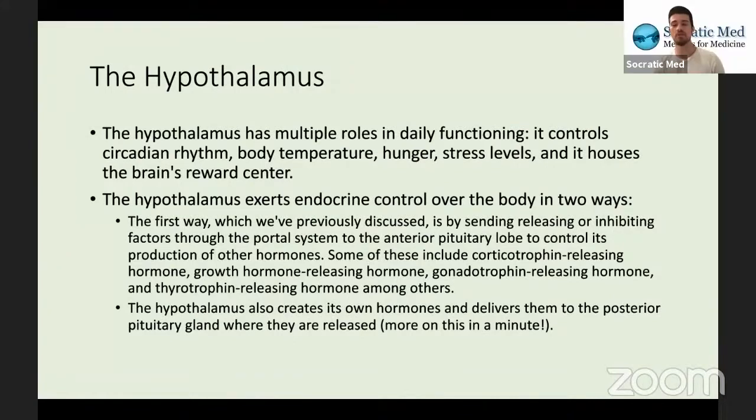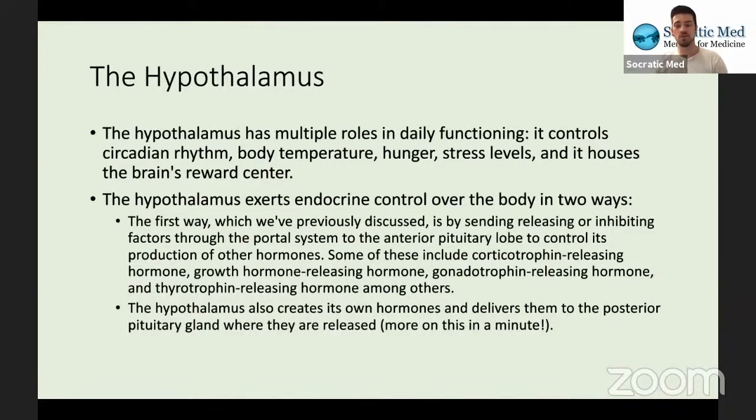So you see this tropin releasing hormone. These are the releasing factors. These are the tropic hormones that we're talking about. Tropic hormones are any hormones that control the inhibition or release of another hormone. So the hypothalamus and the pituitary both release these tropic hormones. And the hypothalamus also creates its own hormones and delivers them to the posterior pituitary gland where they are released.